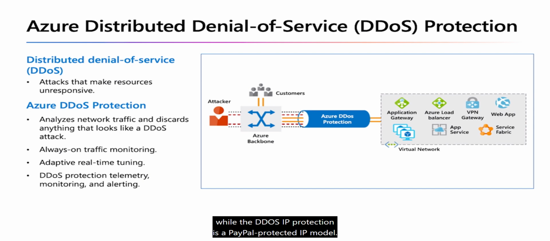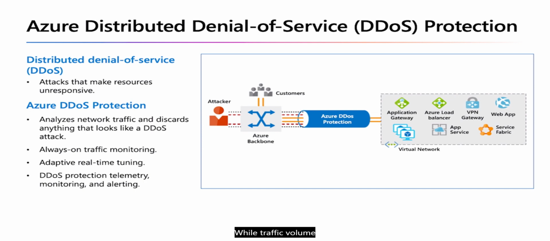The DDoS network protection protects your specific Azure resources in a virtual network, while the DDoS IP protection is a pay-per-protected-IP model. Now you wonder why consider adding a DDoS protection service if services running on Azure are inherently protected by the default infrastructure level DDoS protection. Good question. The reason is because the protection that safeguards the infrastructure has a much higher threshold than most applications have the capacity to handle, and doesn't provide telemetry or alerting.